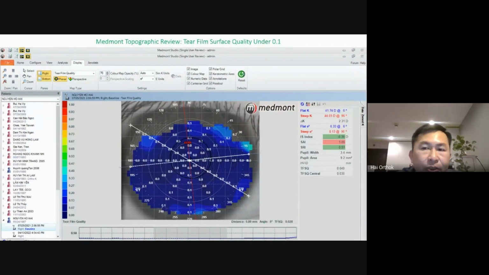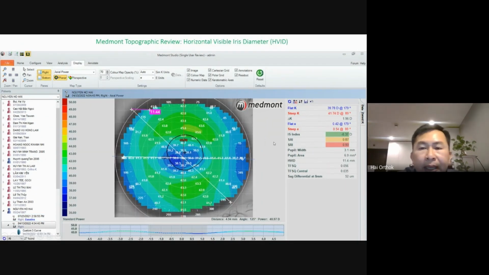Anything that approaches 0.1 units is an indication of dry eye on the Mesmon topographer tear film quality. And then the topographer will enable us to determine the diameter effectively. So this cornea is about 11.44 millimeters. So I will design the lens for 11 millimeters, slightly smaller than the cornea, and that's the best for the cornea.